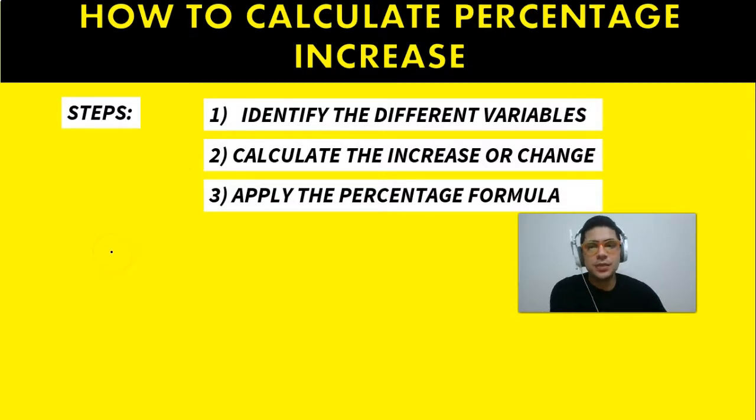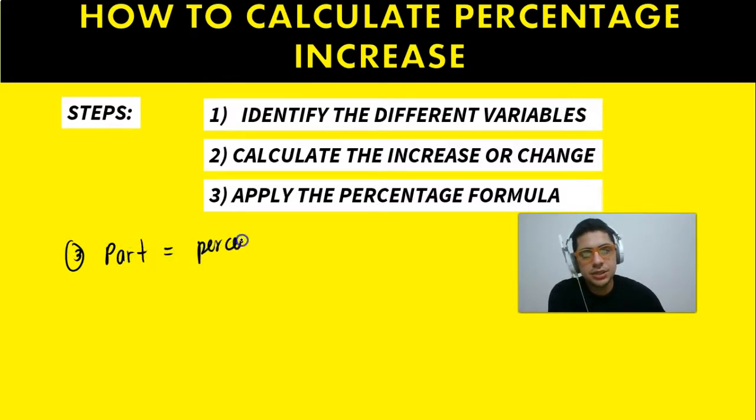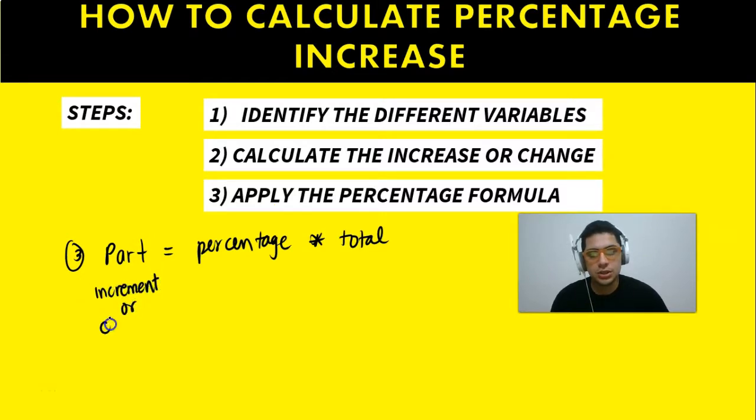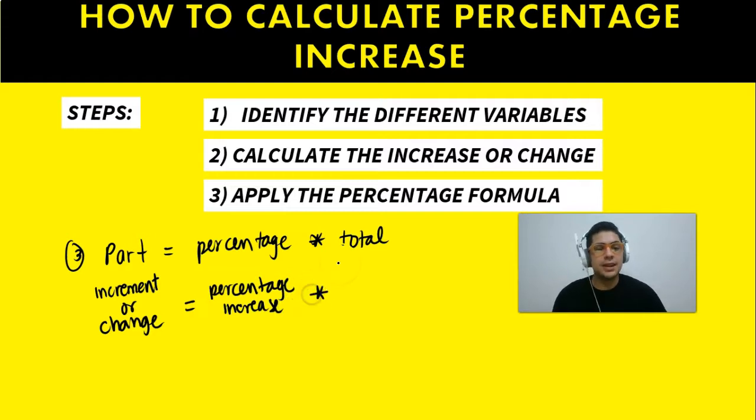So again, when using the third step, we know that the percentage formula says that the part is going to be equal to the percentage multiplied by the total. And when we have percentage increase, that part is going to be the increment or the change, and that is going to be equal to the percentage, or the percentage increase, multiplied by the total amount.